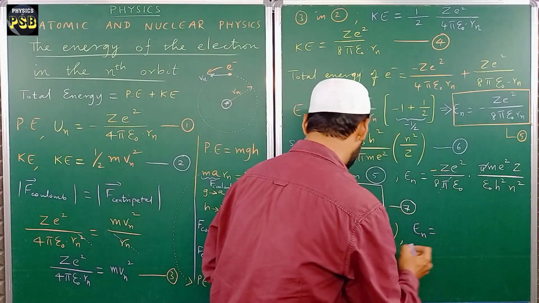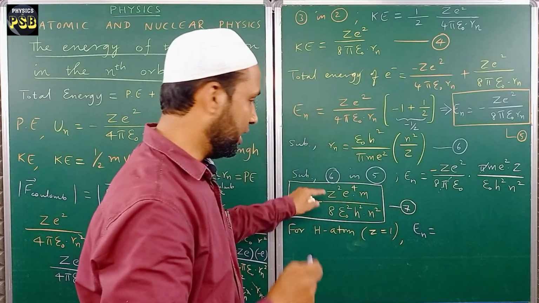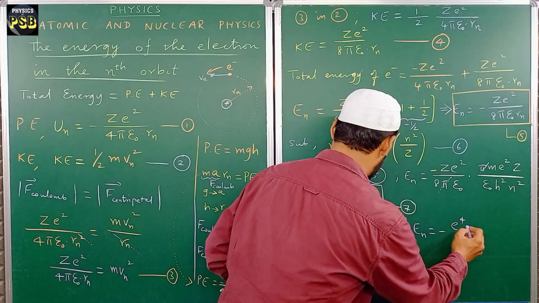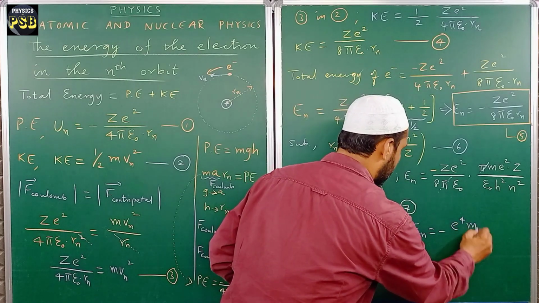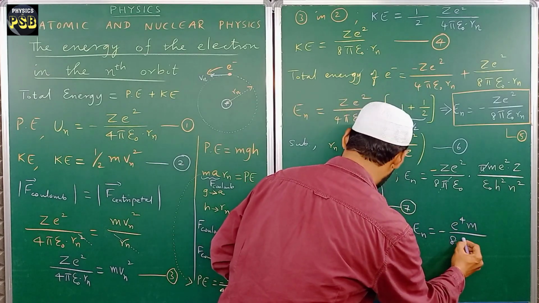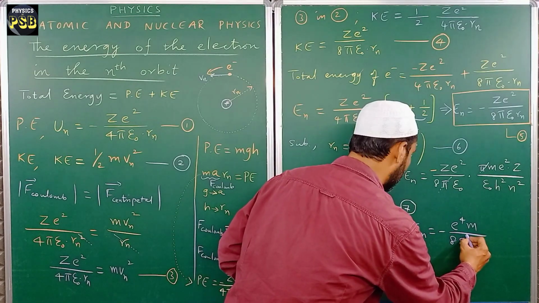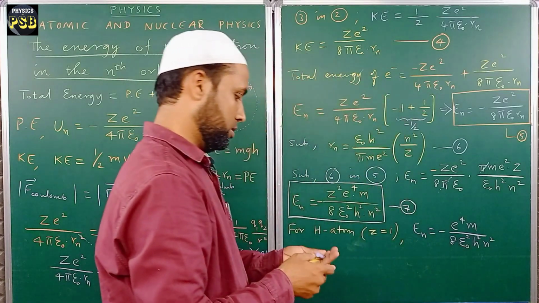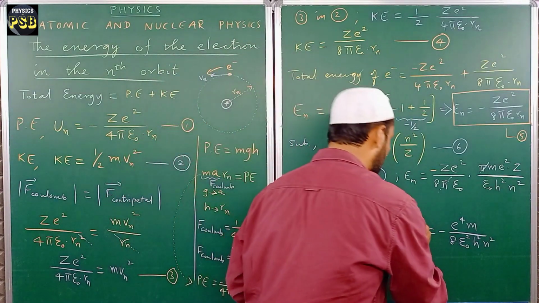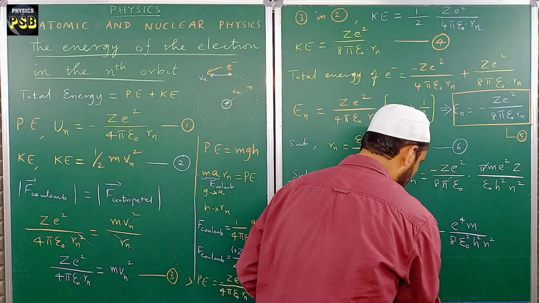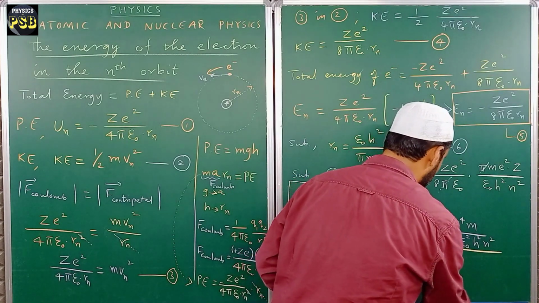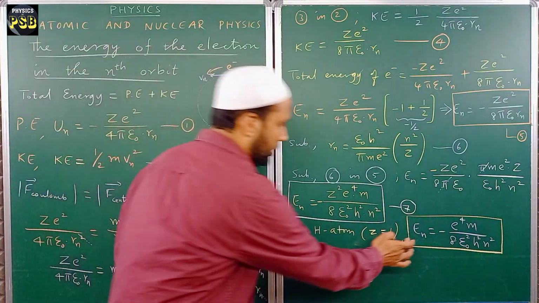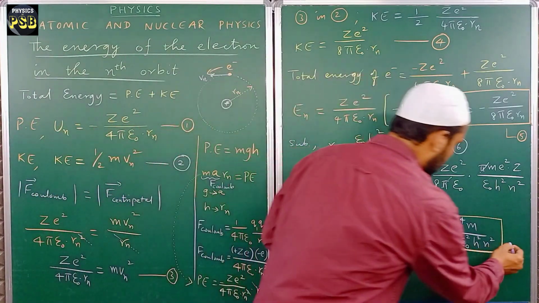En becomes equal to, in the place of Z I take 1, so negative sign, e power 4 m divided by 8 epsilon naught square h square n square. This is the energy of an electron in the nth orbit present in the hydrogen atom. Now I name this equation as equation number 8.